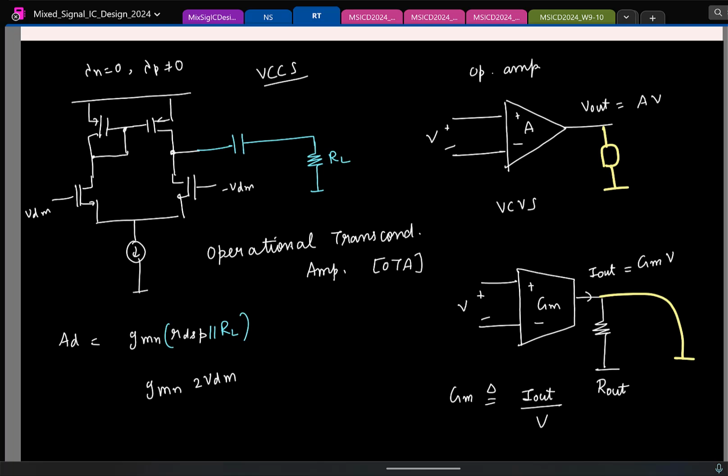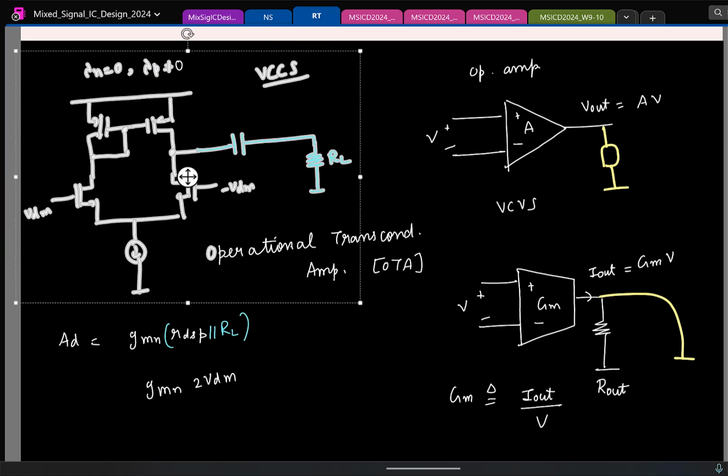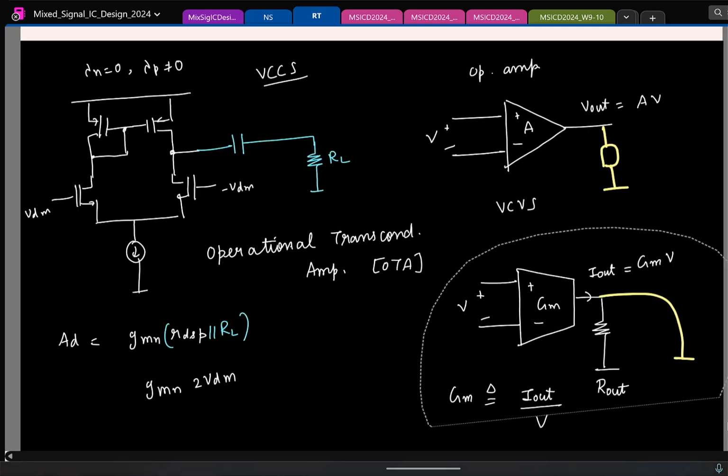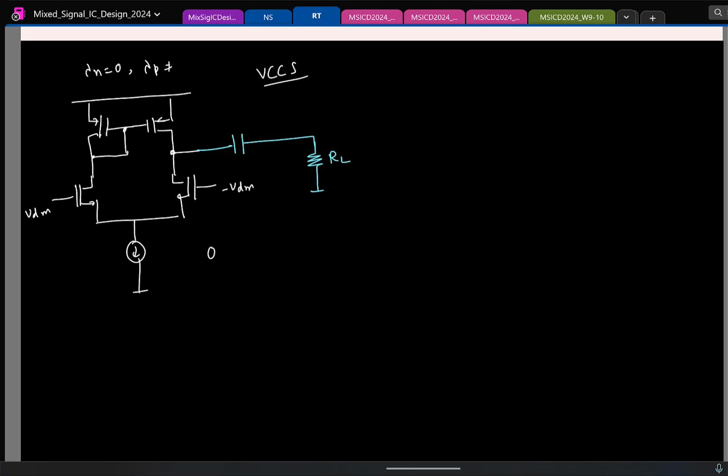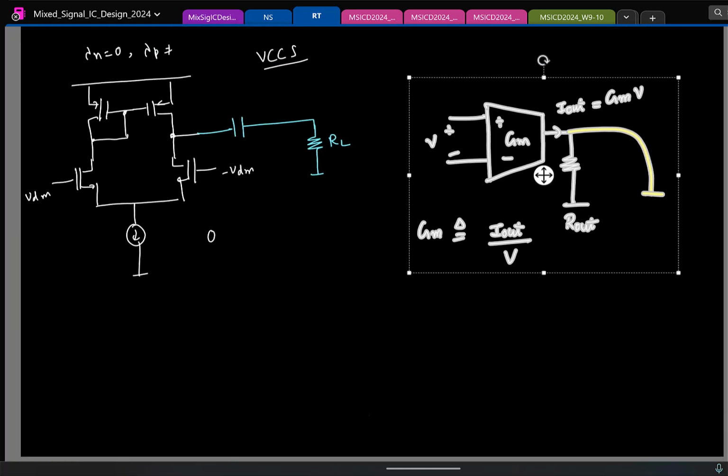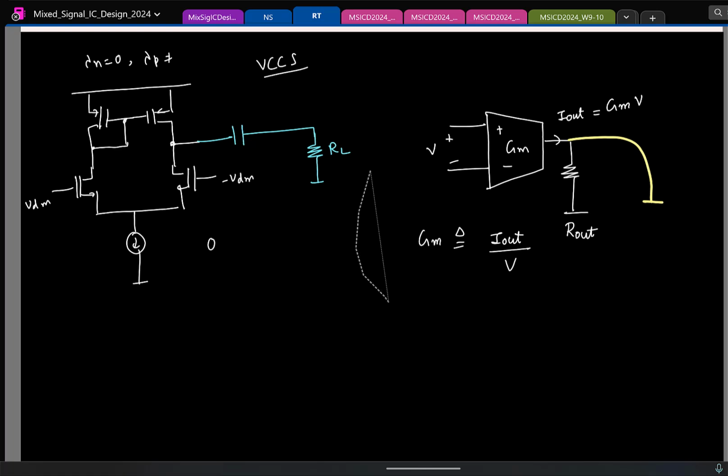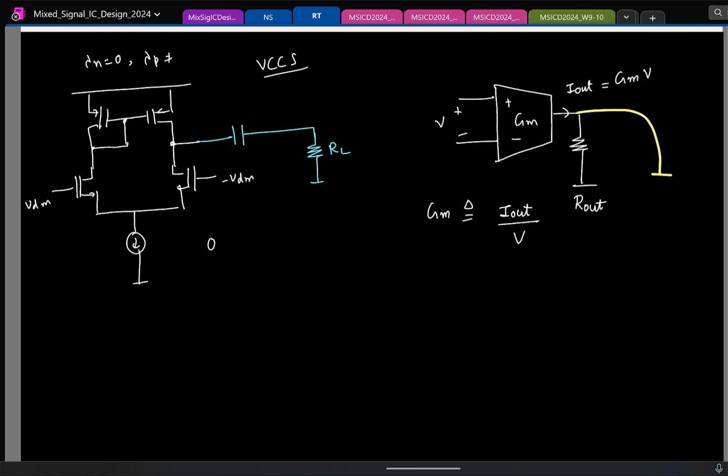So if I do this experiment in this circuit, maybe I'll copy paste it separately. I am trying to find the short circuit current in this circuit, and what was the short circuit current equal to? GM into VDM or 2 VDM? 2 VDM.